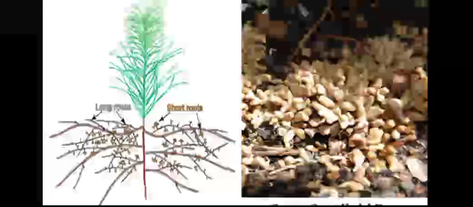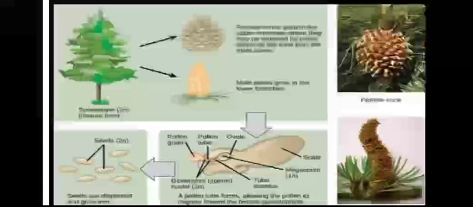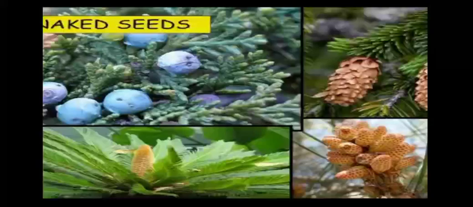In gymnosperms, the reproductive structures are in the form of cones.